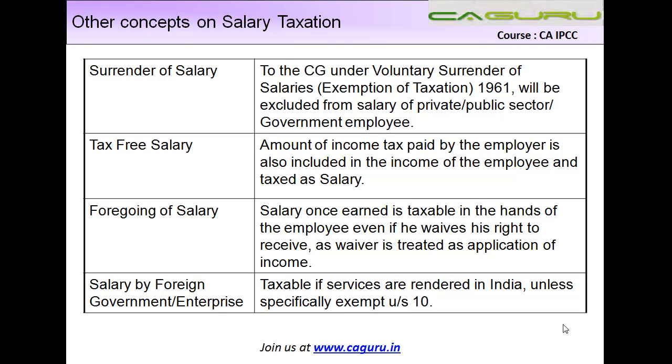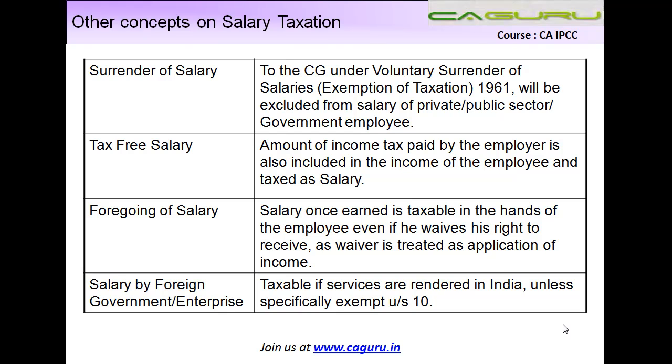The limited issue is if the employee of Microsoft US works in India, and it could be any other company. I mean, Microsoft is such a renowned name that it just came to my mind. If he's rendering the services in India, then whatever salary Microsoft gives to him in respect of those services will be specifically taxed in India. Maybe the US government sends some people to India to do some work.